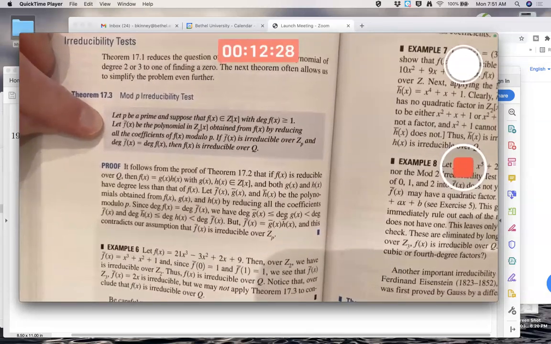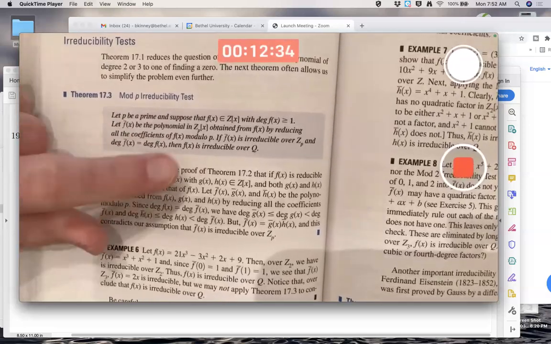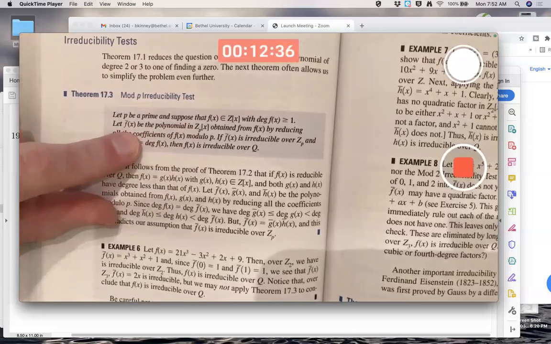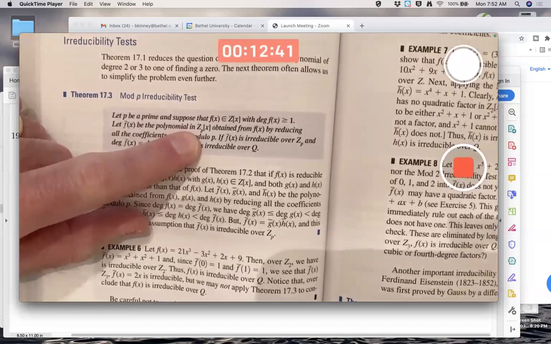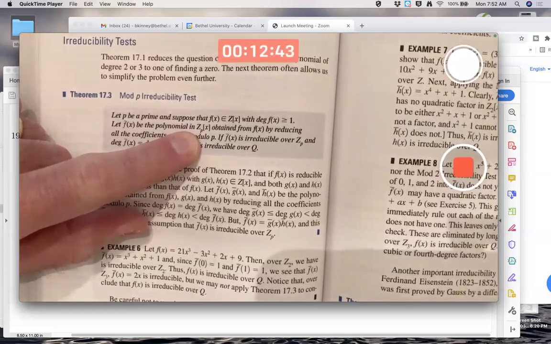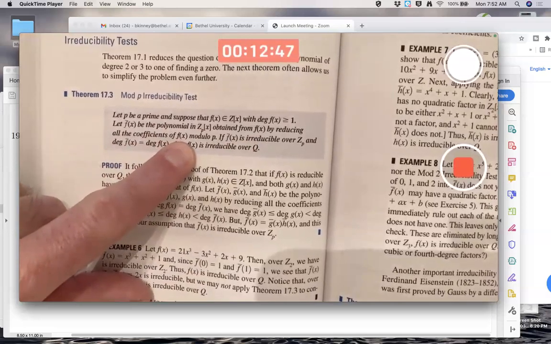Let f bar of x be the polynomial in Z_p, where p is some fixed prime. We're thinking about a new polynomial with coefficients from Z_p, so those would be the numbers 0 through p minus 1, obtained from f of x by reducing all the coefficients of f of x modulo p.